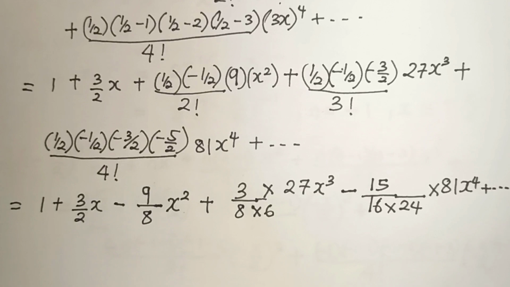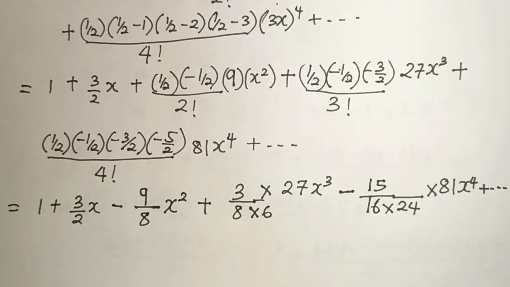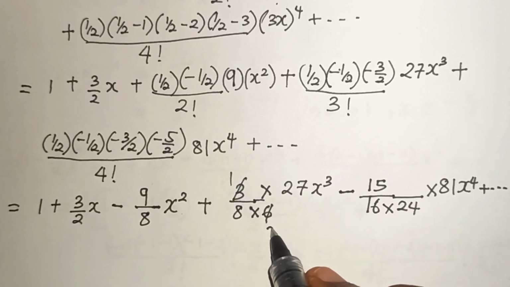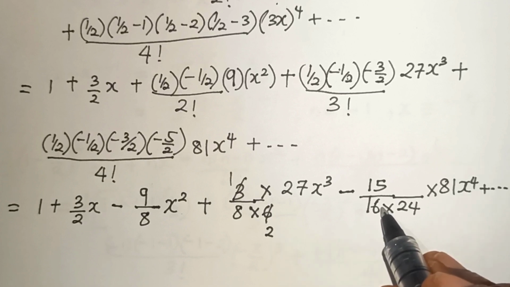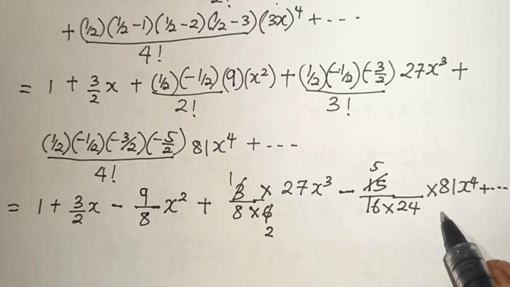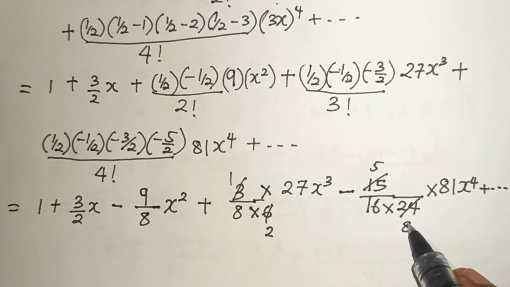So some terms are going to cancel out. Here, 3 will cancel itself to give us 1. We'll cancel 6 to give 2. So here, 3 here is 5. 3 here is 8.